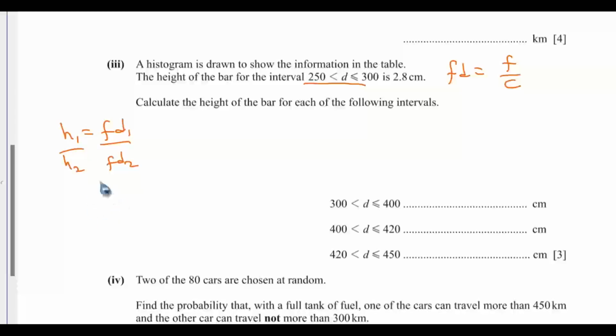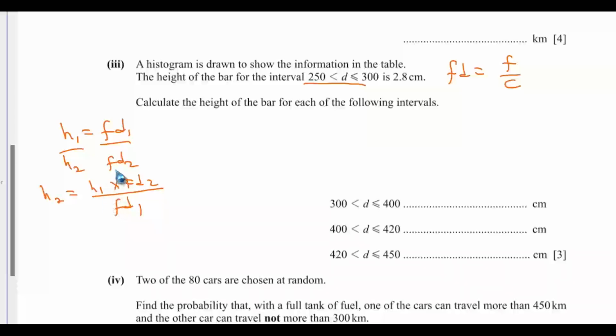So we can now use that relationship: h1 over h2 equals fd1 over fd2. If we cross multiply, h2 will be equal to h1 multiplied by fd2 over fd1.